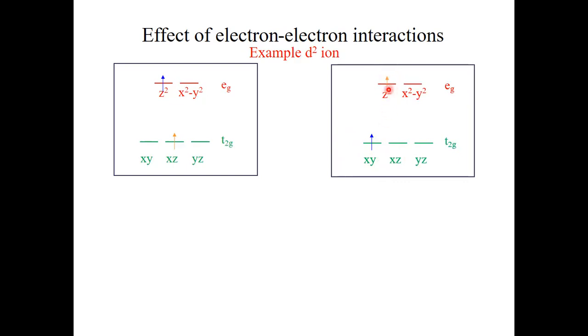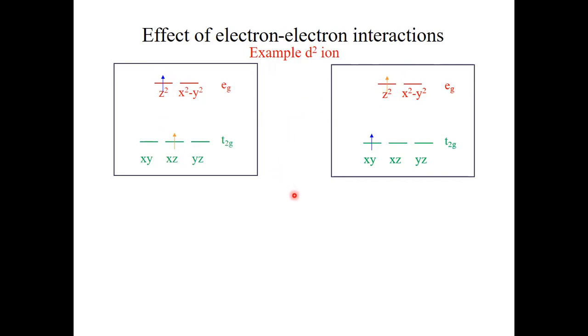Ligand field theory would say that these two microstates have the same energy, because it assumes that there are no electron-electron interactions between these two electrons, or at least the interactions would all be the same.